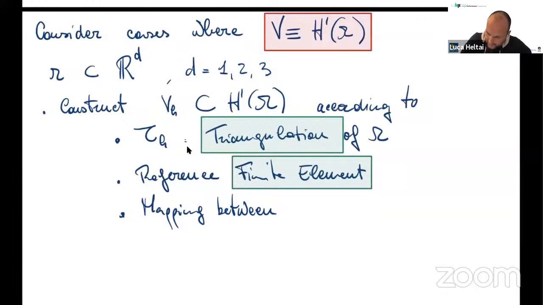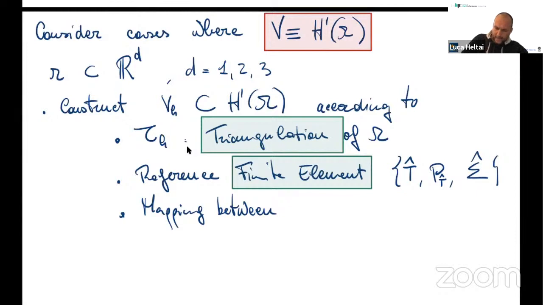So the reference finite element, we define this as a triple: T hat, a polynomial space on T hat, and a basis for the dual of P hat T. So this is a sigma, the basis for the dual.